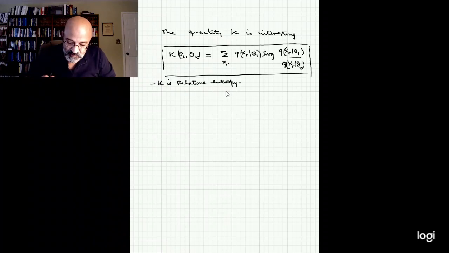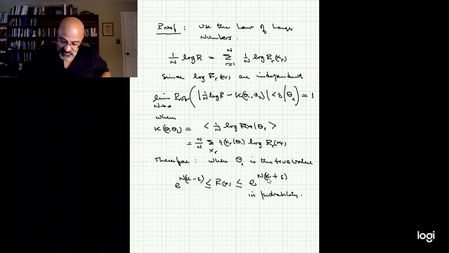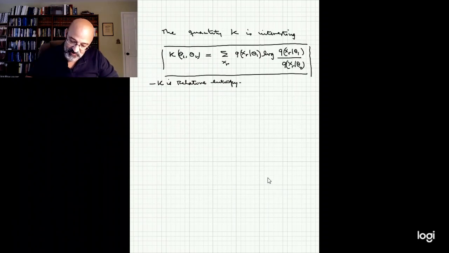There is one aspect of this that I forgot to address, which is when I write an inequality like this, and you say that this is true in probability and all of that, this will mean that R goes to infinity, provided this k here is positive. So we're going to prove this later.